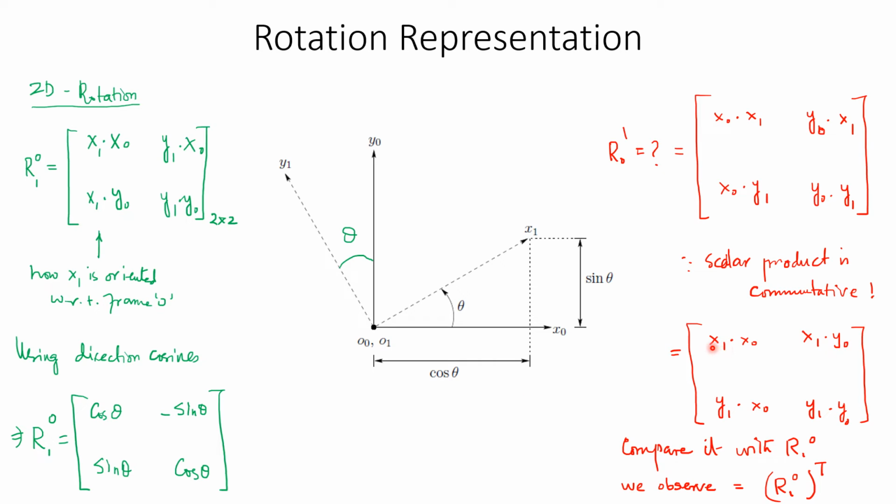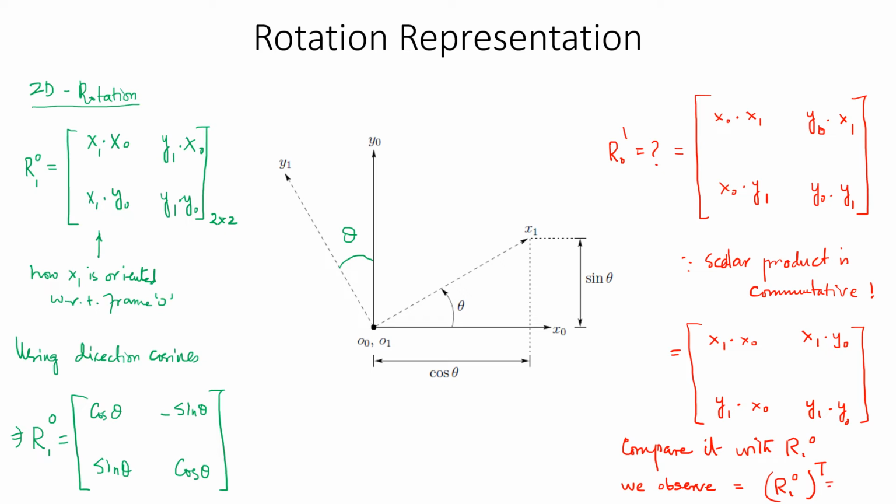So the first row is x1 dot x0 and x1 dot y0, which is actually the first column of this matrix shown in green, x1 dot x0 and x1 dot y0. And similarly, the second row, y1 dot x0 and y1 dot y0, is the second column of this matrix, y1 dot x0, and this is also the same, y1 dot y0. So in that particular case, you can observe that this is actually equal to the transpose of it.